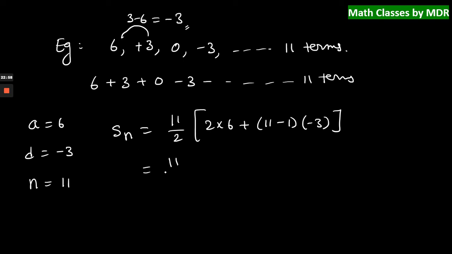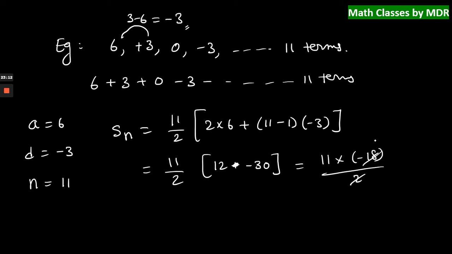So 11 by 2 into 12 plus 10 into minus 3, which I will write as minus 30. So that is 11 into minus 18 by 2, where it is 9. Therefore, the sum of these terms is minus 99. The sum of the first 11 terms is equal to minus 99.